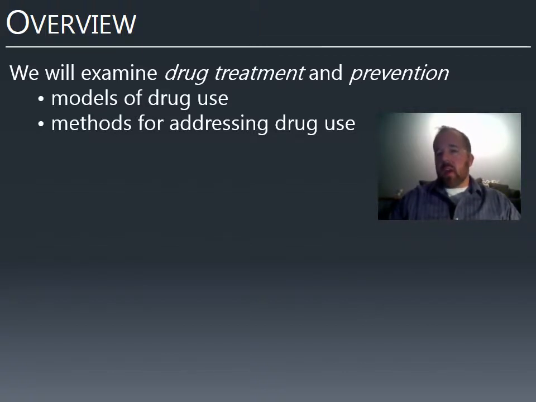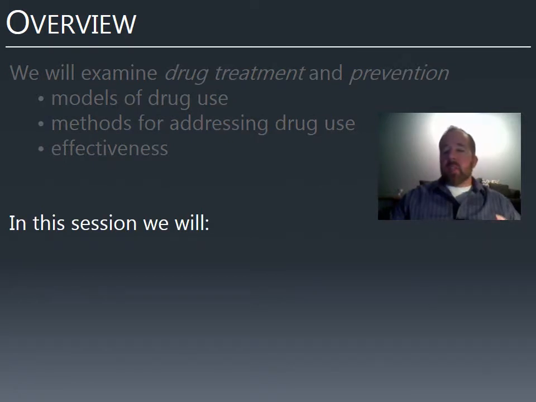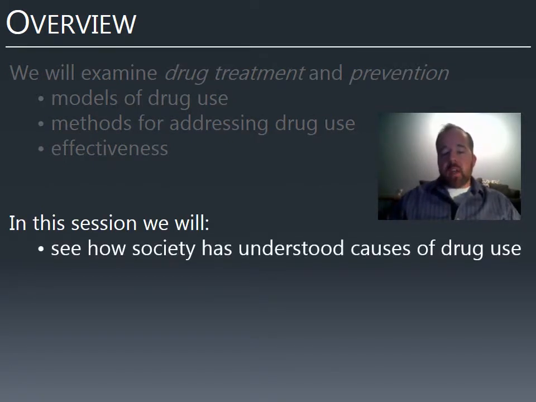Even if we have an understanding of what causes drug use, how do we address that? And then how effective are these methods? So that's one of the big important criteria, of course. If a method is right on in terms of assessing drug use and understanding drug use, but can't actually change it, well, maybe a new tactic is called for. In any event, specifically what we'll do is look at how society has understood what causes drug use.